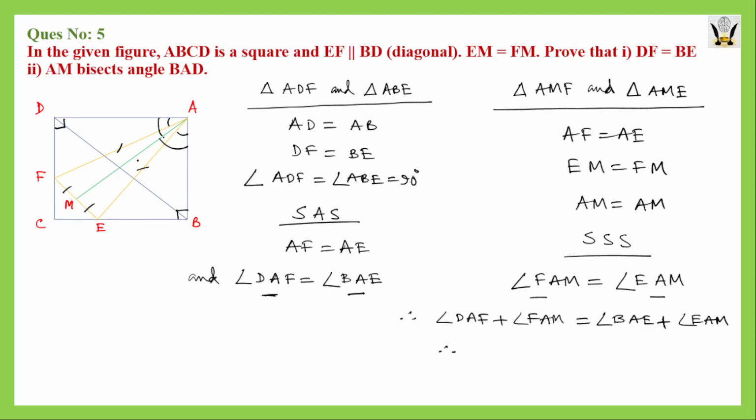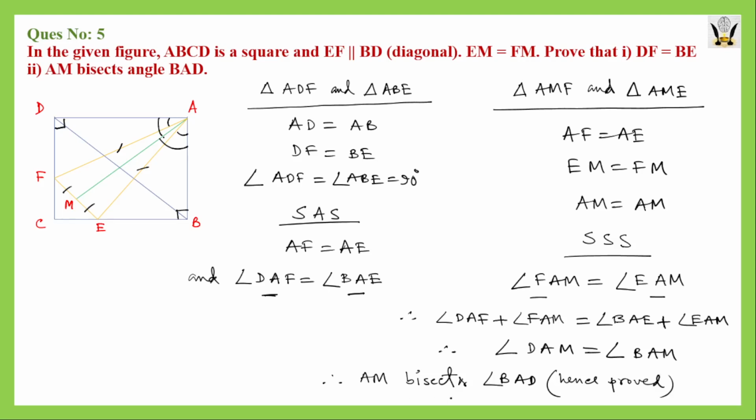And the summation of angle DAF plus angle FAM is nothing but angle DAM, and on the other side, the summation of these two angles is nothing but angle BAM. That means these two angles are equal. So we can say that AM, this line, bisects angle BAD.